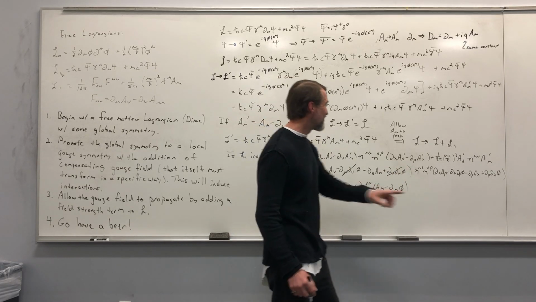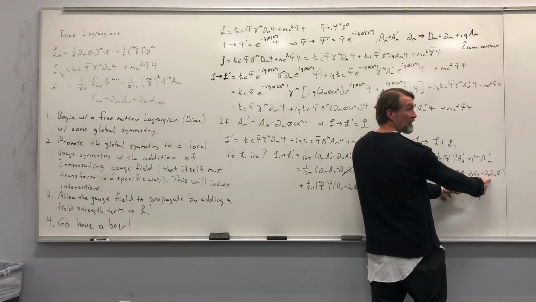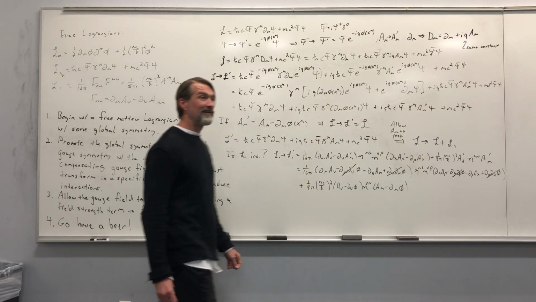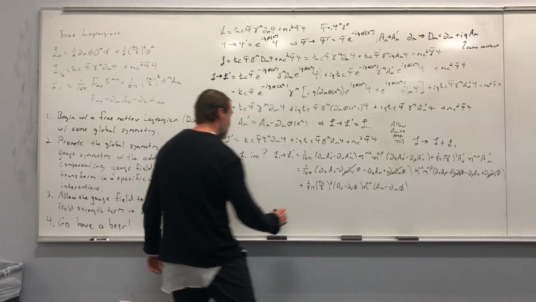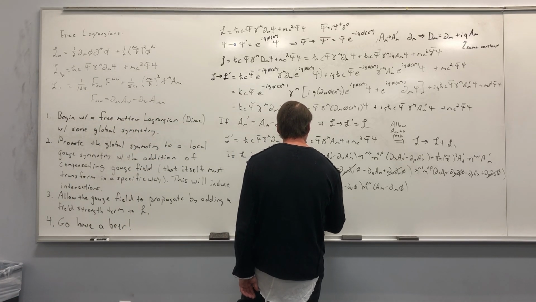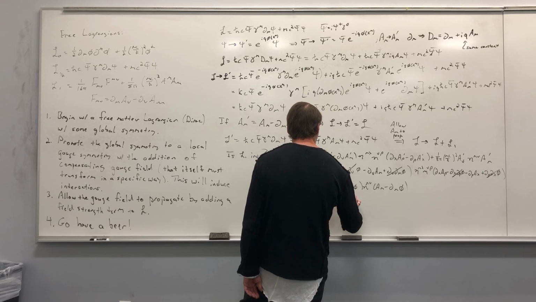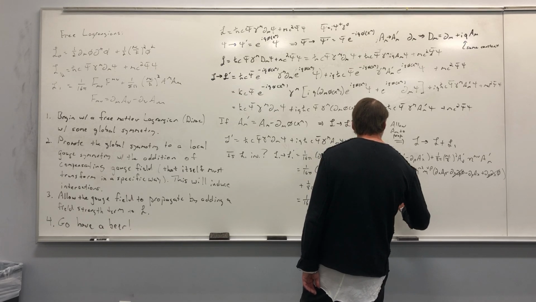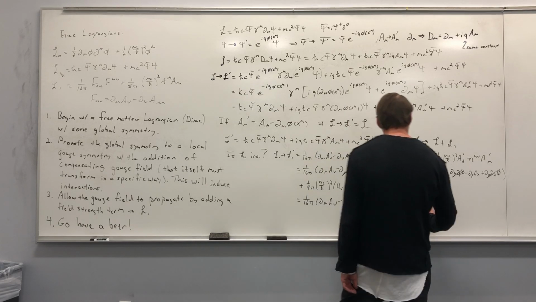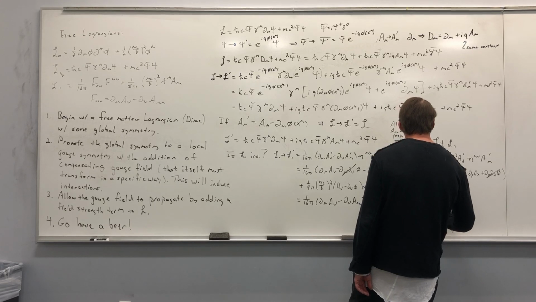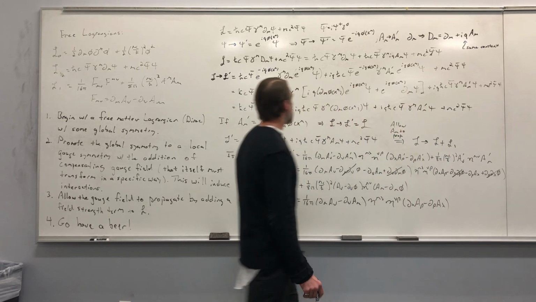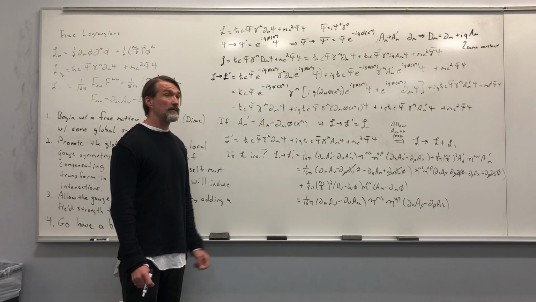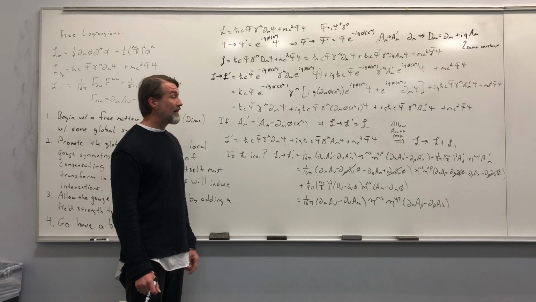First term's easier. What about this? d lambda rho and d rho lambda. Those cancel as well. Boom. Guess what you get? You get 1 over 16 pi, d mu A nu minus d nu A mu, eta mu lambda eta nu rho, d lambda A rho minus d rho A lambda. You get exactly what we started with. That first term is invariant.